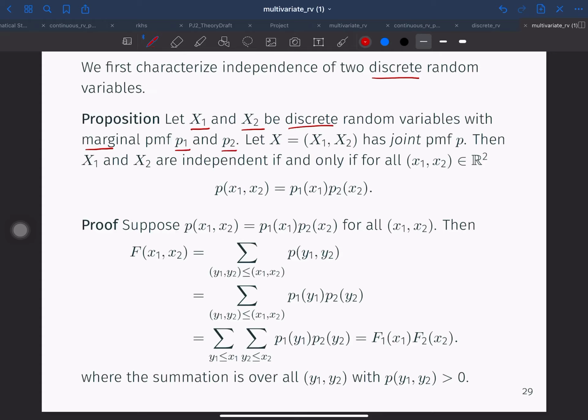And suppose that the pair has joint PMF P, then we say that they are independent if and only if for all values of x1 and x2, the joint PMF is the product of the individual marginal PMFs.